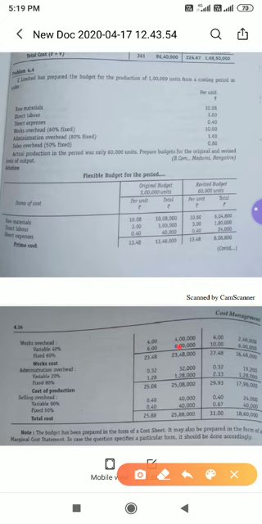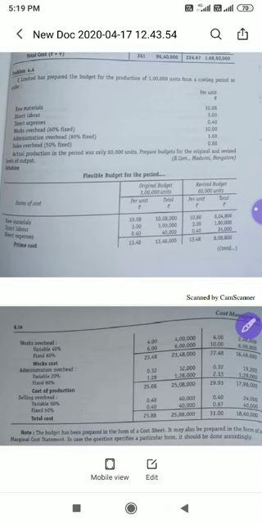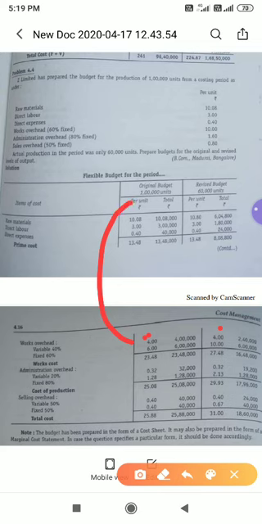Now out of 10 rupees, 6 rupees is fixed, that means variable will be how much? 4 rupees, and 4 rupees variable cost per unit will be the same, 4 into 1 lakh, 4 into 60,000. If you multiply, you will get 4 lakh and 2.4 lakh. Done. We are done with work overheads.